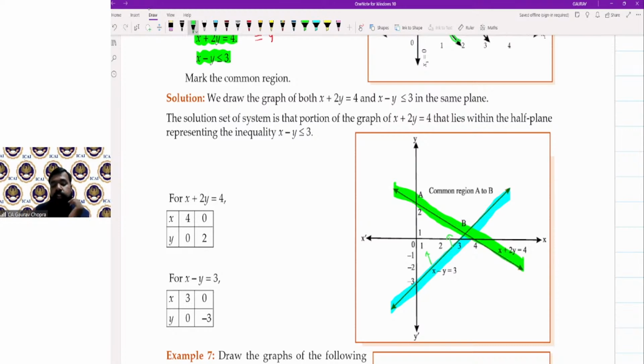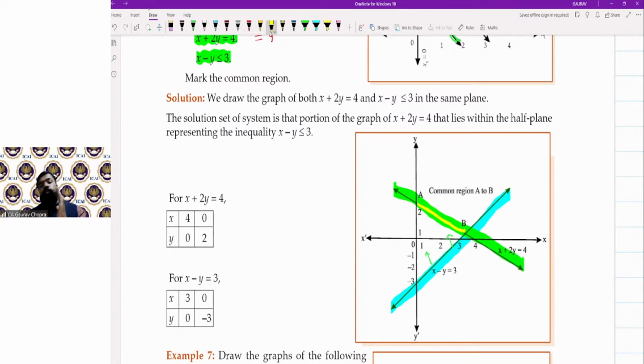सो वी हैव टू जस्ट मार्क द कॉमन एरिया. द कॉमन एरिया विल नॉट बी देयर, बट देयर विल बी अ कॉमन लाइन. दिस विल बी अ कॉमन लाइन दैट इज फ्रॉम ए टू बी. तो ये जो लाइन ए से बी है, ये ब्लू लाइन के ऊपर लाई कर रही है. This is line above the blue line, and it is on the green line, because green line का right side, left side तो हम जान नहीं सकते, because it is equal to sign.